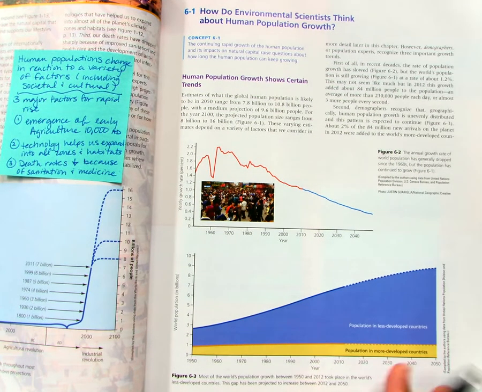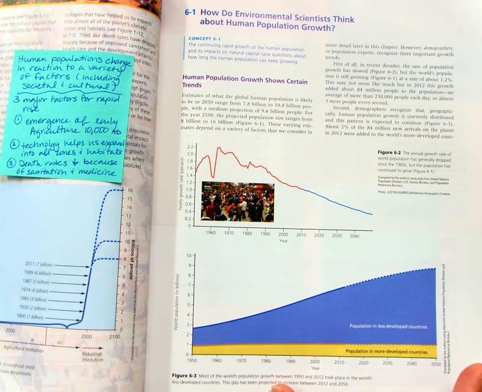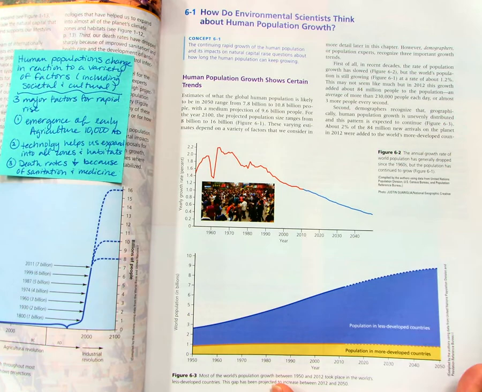The other thing with this is we also know that human population is not evenly distributed around the world. And a lot of that has to do, again, with how resources are distributed around the world. And remember, that has to do with all the geologic events and how the Earth itself has shaped over time and the movement of those tectonic plates, and that's going to create differences in where resources are found.